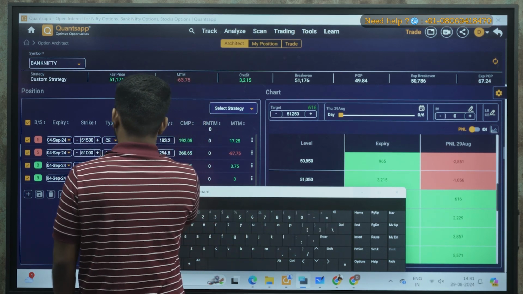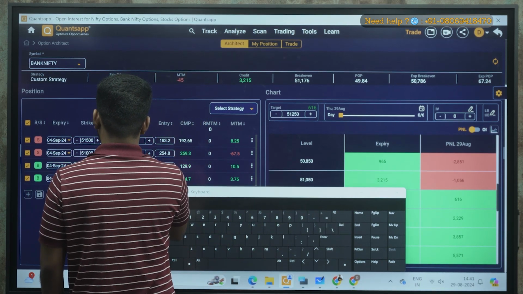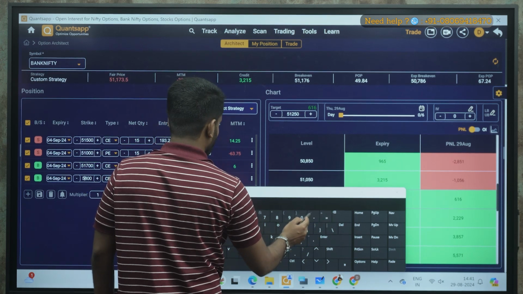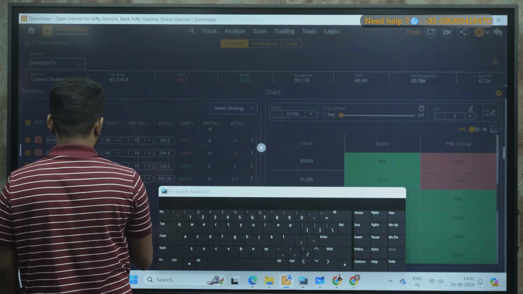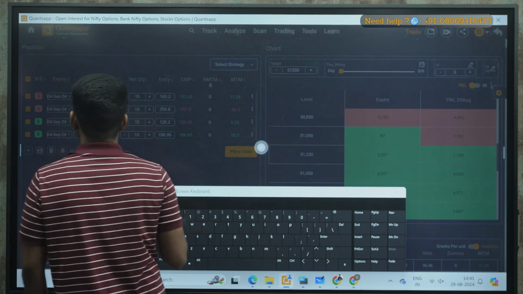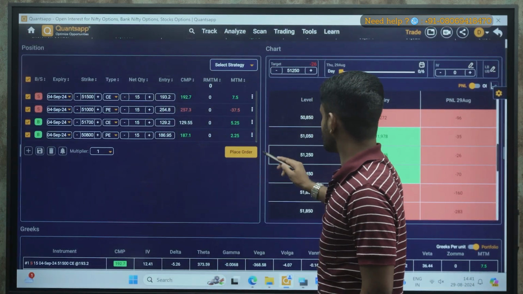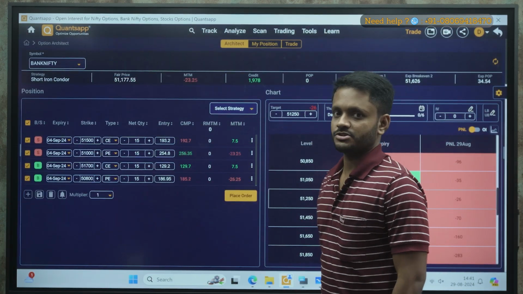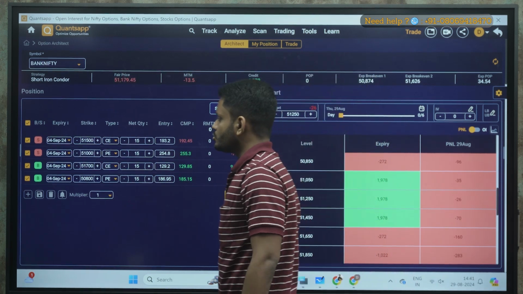So 2 strikes above and 2 strikes below. This is a short iron condor strategy, just to hedge ourselves, just to protect.